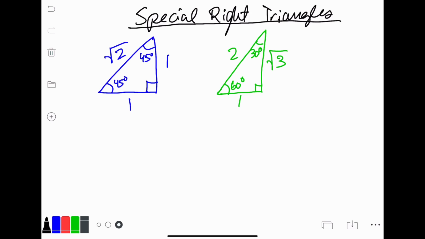I forgot to mention this, but one way to make the 30, 60, 90 triangle easy to memorize is remember, the smallest side corresponds to the smallest angle, the biggest side corresponds to the biggest angle, and the medium side corresponds to the medium angle. So in order, going from 30, 60 to 90 degrees, 30 degrees is the smallest angle, therefore opposite to it is the smallest side, 1. 90 degrees is the biggest angle, therefore opposite to 90 degrees is the biggest side, 2.